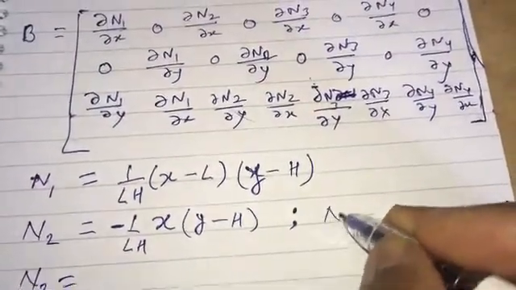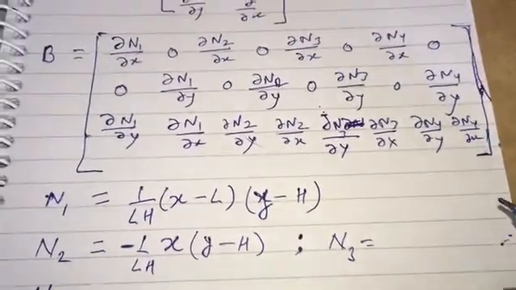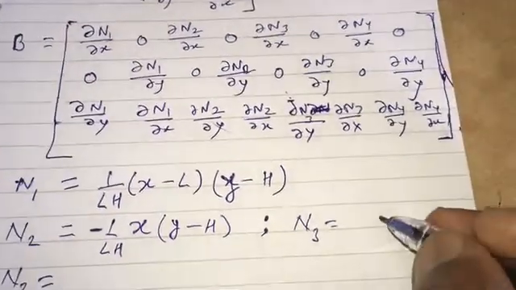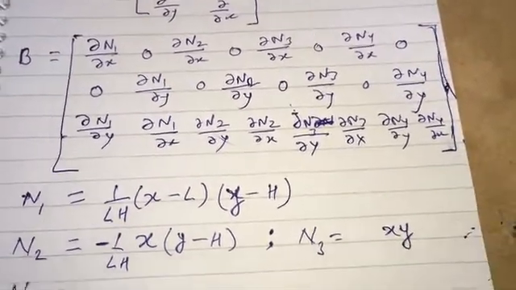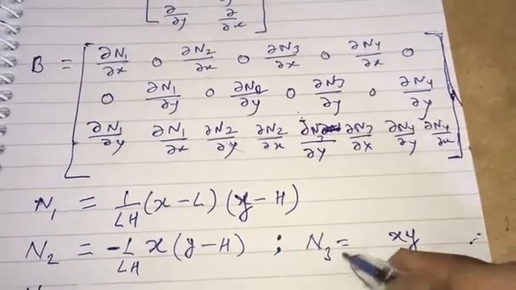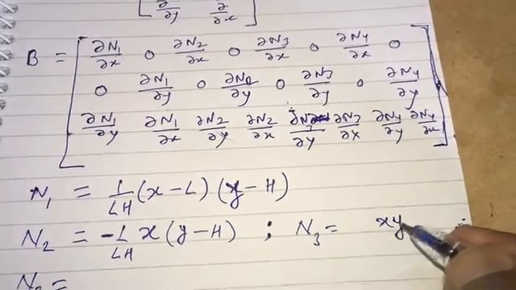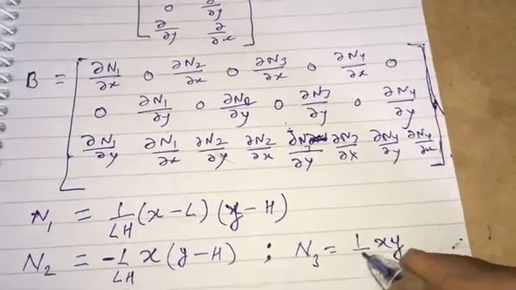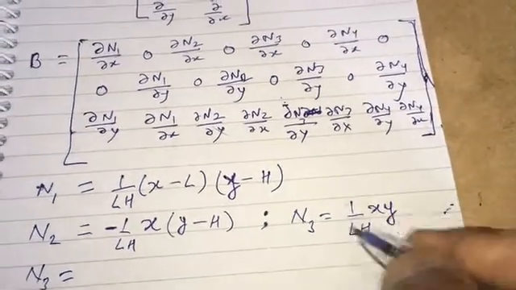So n3 is equal to x times y, hence x and y. However, at node LH, n3 has to be 1. So if it is L, this is H, so divided by LH. So this makes it n3.